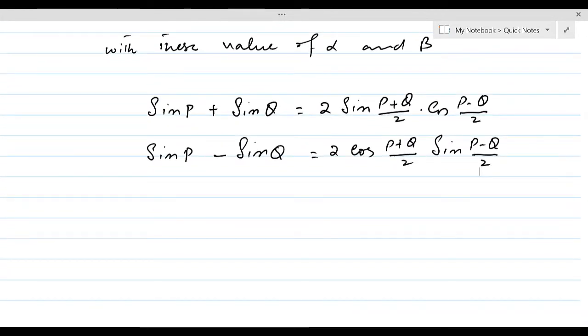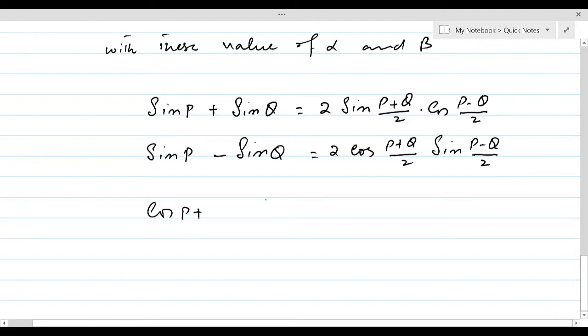Cos P plus cos Q is equal to 2 cos of P plus Q by 2 into cos of P minus Q by 2.